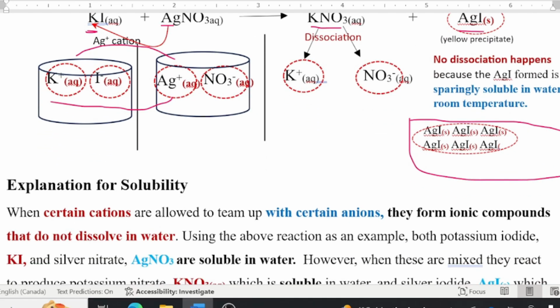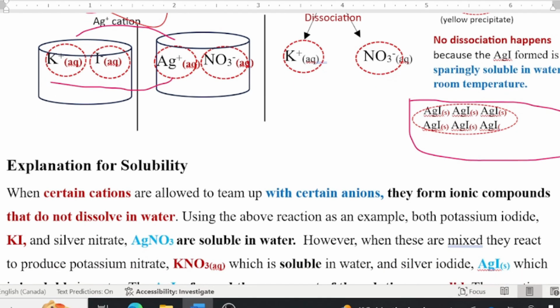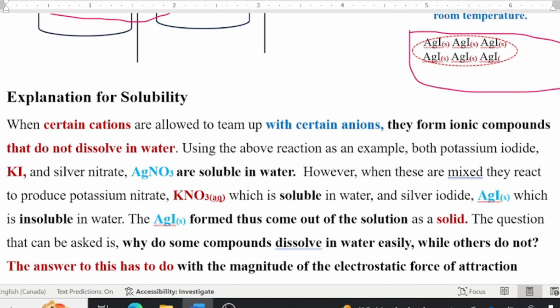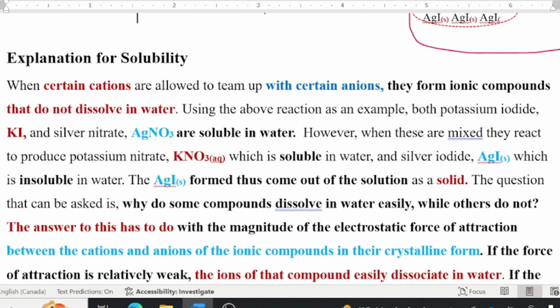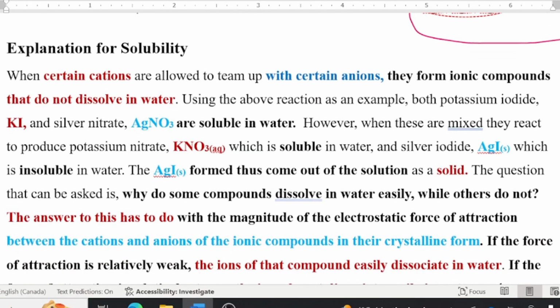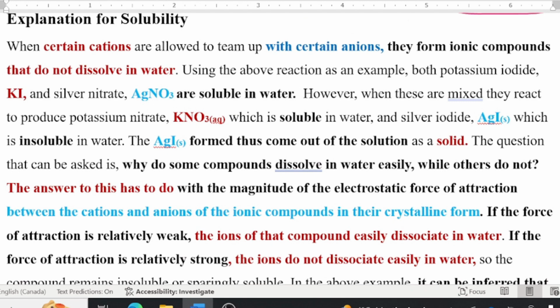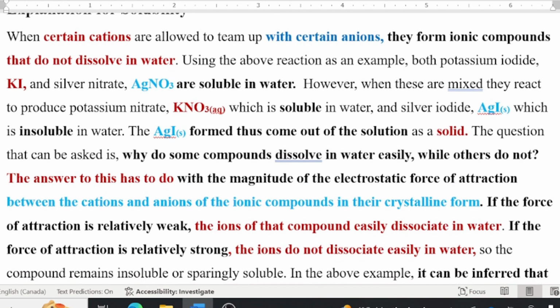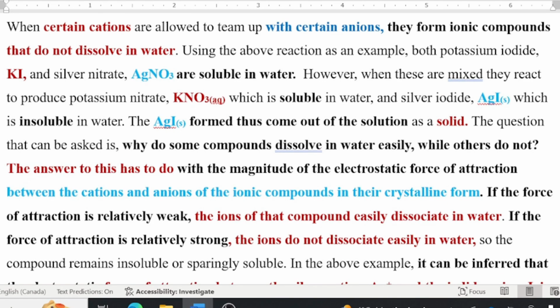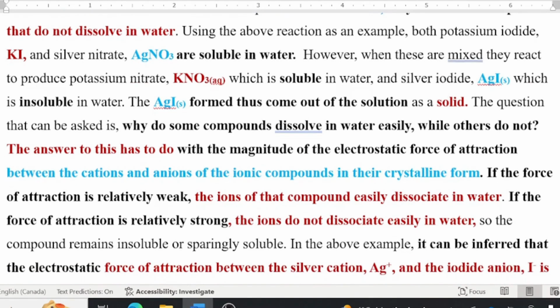Some sparingly soluble substances can become soluble at a higher temperature. So you can read this paragraph here. You read better, so take your time, go through that and see why some things dissolve in water easily and why some don't. We'll discuss this when we do solutions in more detail.